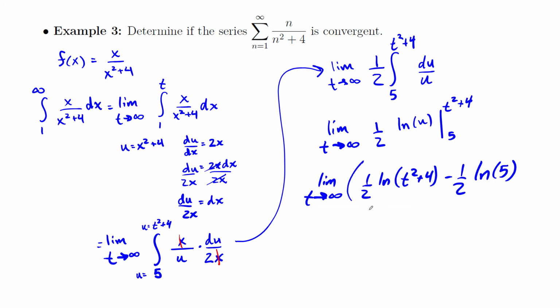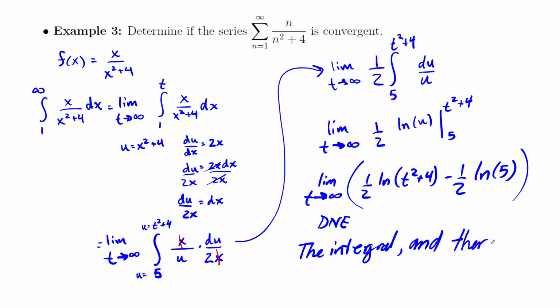And so since this does not exist, this limit does not exist, so that means that the integral diverges, and by the integral test, and therefore our series is divergent.